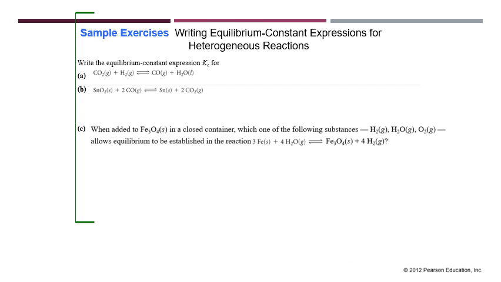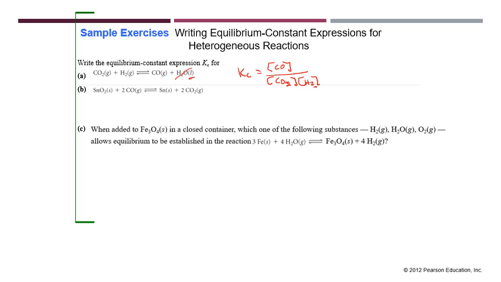Okay, so let's just work through a couple of example problems here to finish up for today. For the first part, we want to write the equilibrium expressions for the Kc for the following reactions. Again, notice here I have a gas and a liquid, so I would ignore the liquid from my expression. So the Kc for this particular reaction would be the concentration of CO raised to the first power divided by the concentration of CO2 and the concentration of H2.